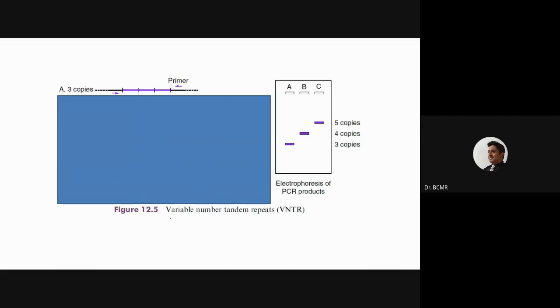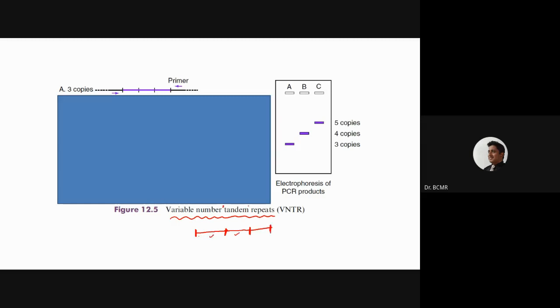Here, variable number tandem repeats. Okay, so tandem repeats are something like this. You have some 15 or 20 bases, and in our genome, we have a large number of copies of these. So this sequence is identical to this sequence.